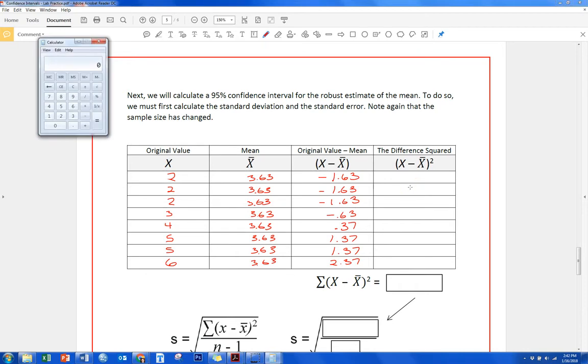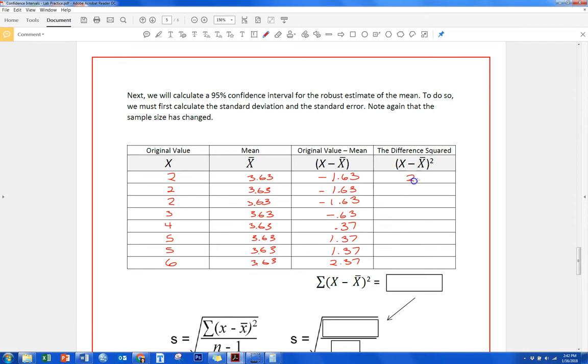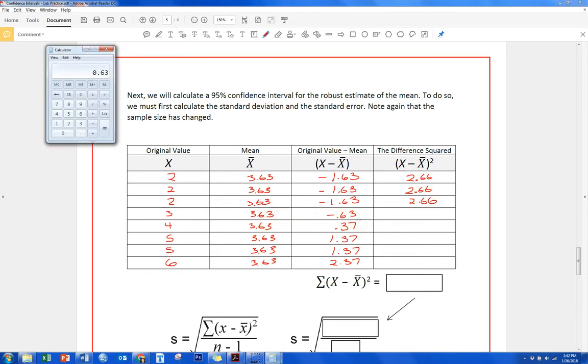So we'll use a calculator for that as well. So 1.63 times 1.63 gives us 2.66, again rounding to the hundredths place. There's 3 of those, 2.66. And then we're going to square 0.63, which will be 0.40, again rounding.